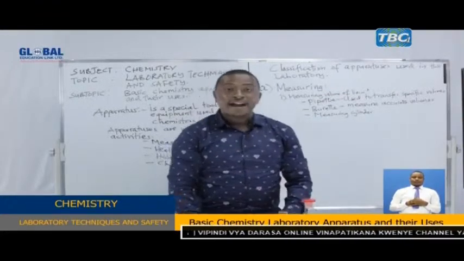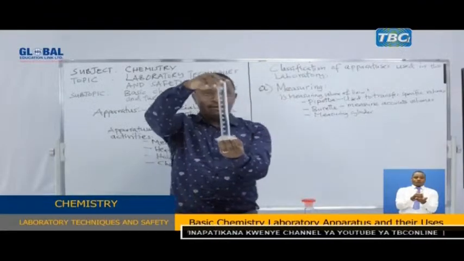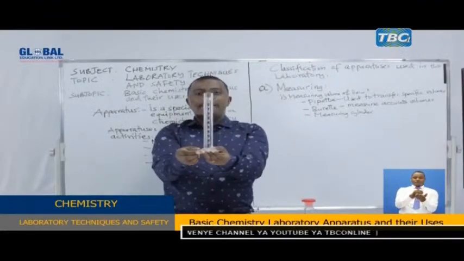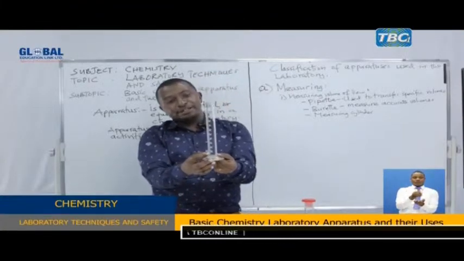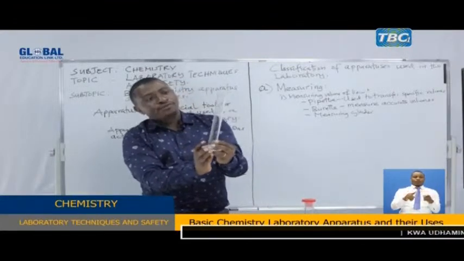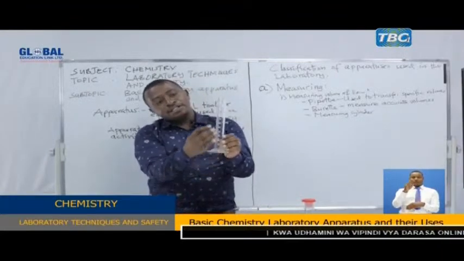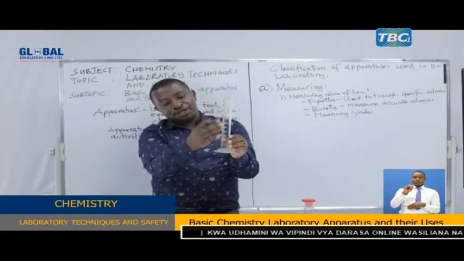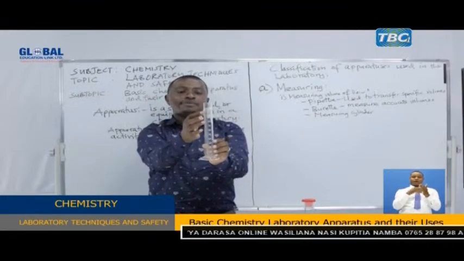We also have another apparatus for measurement. It's this one here. This one is called a measuring cylinder. A measuring cylinder is also calibrated. This measuring cylinder is of 100 mils or 100 cubic centimeters. You can see the calibrations here from 10 cubic centimeters to 100 cubic centimeters.